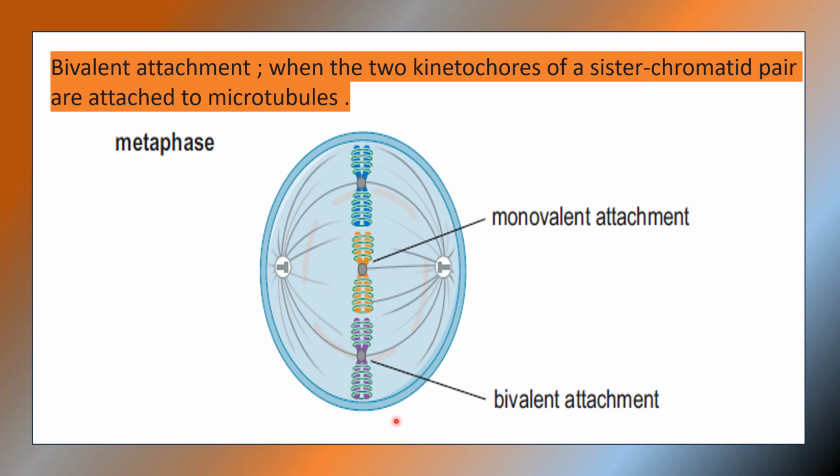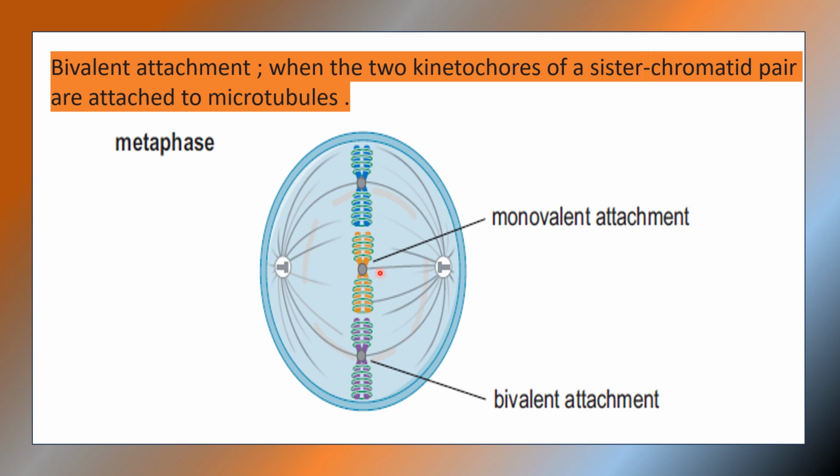In this case, you can see that each sister chromatid is attached to a microtubule from one organizing center, while its partner is attached to the other. This is very crucial so that each cell receives the genetic material.